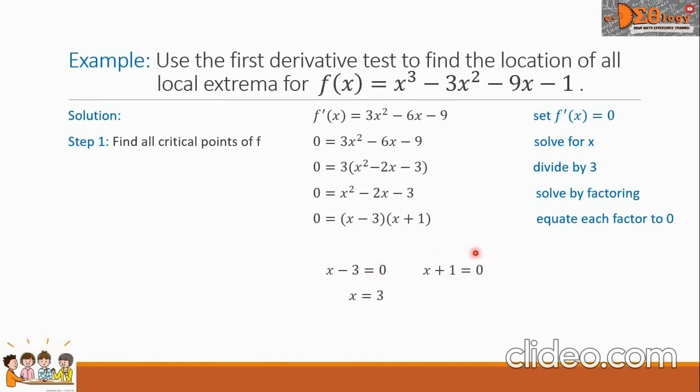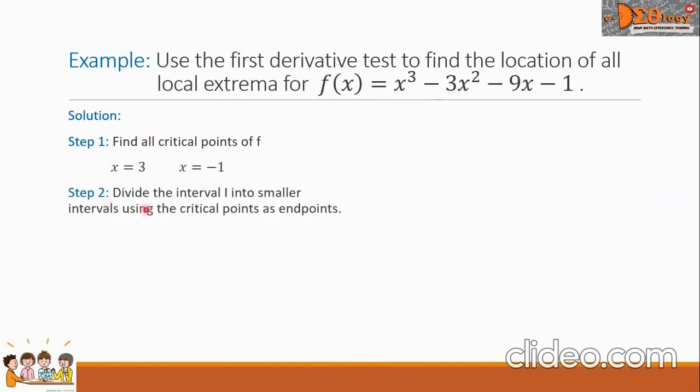On the other equation, x plus 1 equals 0, the x value here now becomes negative 1. We can see here that we have two critical points when x is equal to 3 and x is equal to negative 1. Let us copy these critical points under step 1, just like we have here.